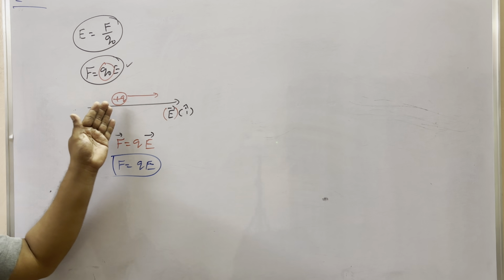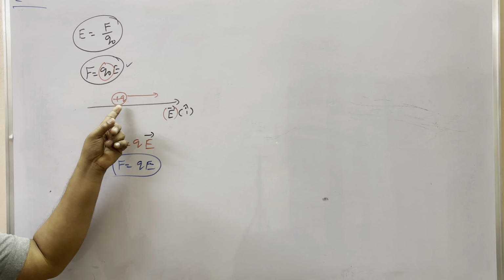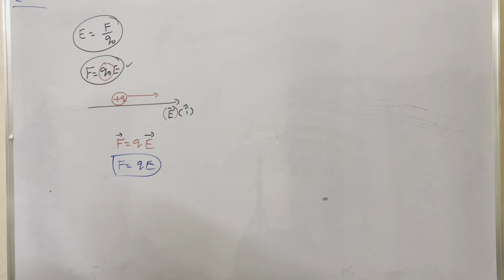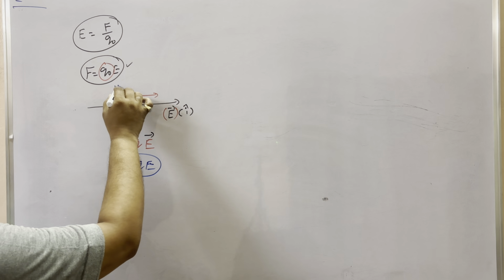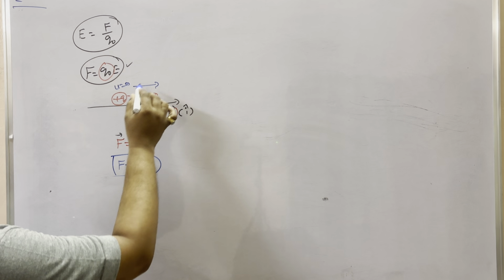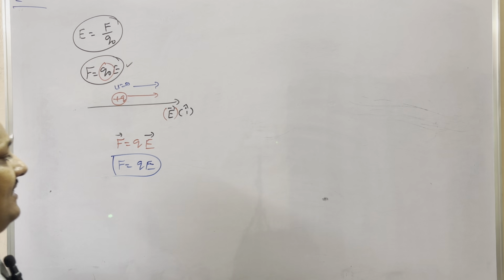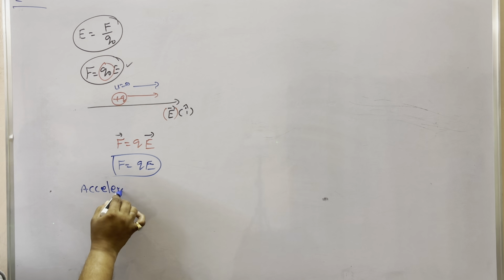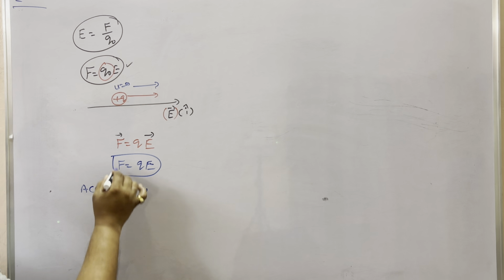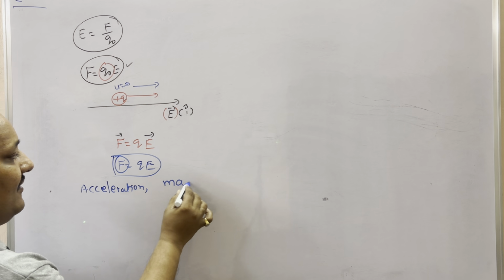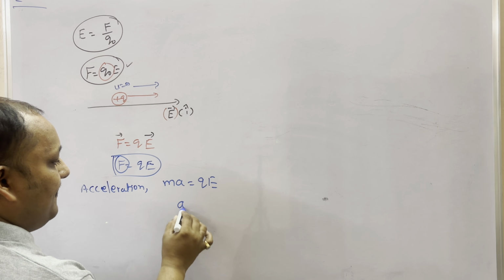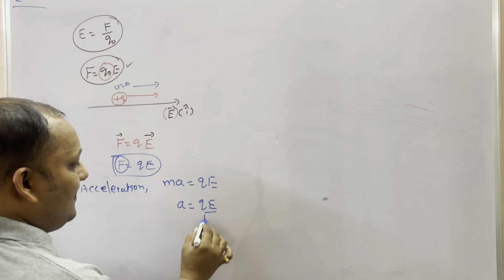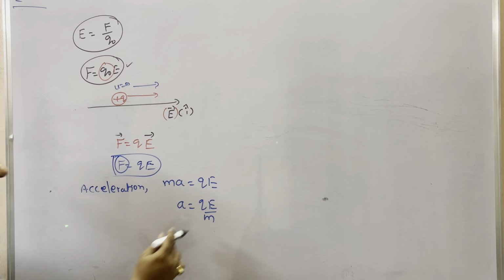Now, what is the acceleration of this charge whenever it is moving, they will ask. Initially it is at rest, and it moves in the direction of electric field. According to Newton's second law, F equal to ma equal to QE, so acceleration equal to QE by m.